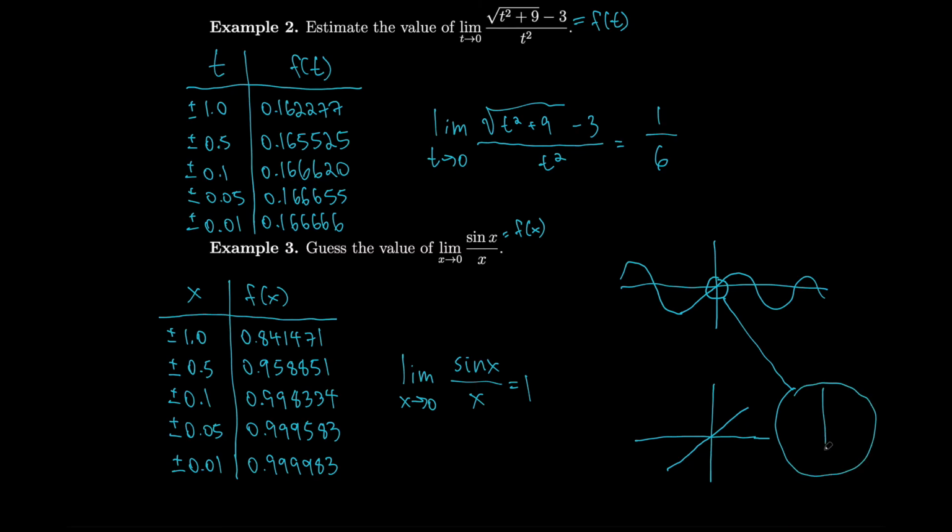So if I look at just this part near 0, it's almost matching completely with the line y equals x. It's almost a straight line if you get close enough to 0. So it makes sense that the limiting value as we get sort of infinitely close to 0 would be the same as the limiting value of x over x, which is 1, intuitively. That's not like a rigorous proof or anything, but it's good to have a little intuition geometrically.